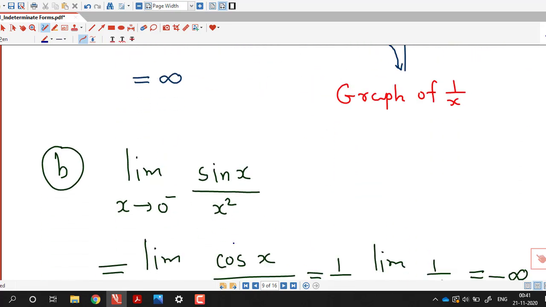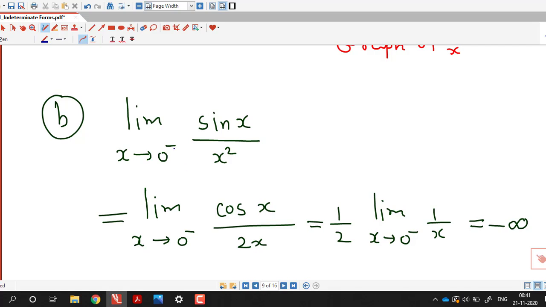Now we take this same function, but we now consider approach of 0 from left hand side, or we approach 0 from its negative side. Here again it is same, all the things are same. This is 0 by 0 form. So by L'Hospital rule, the limit is equal to limit cos x over 2x.